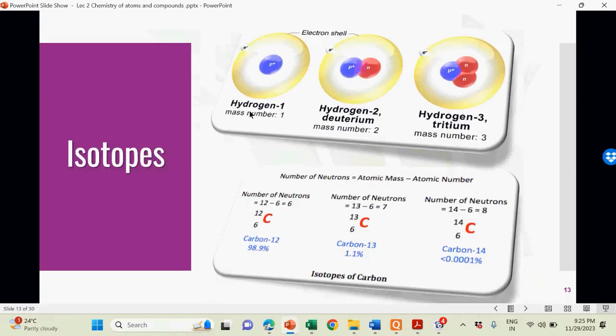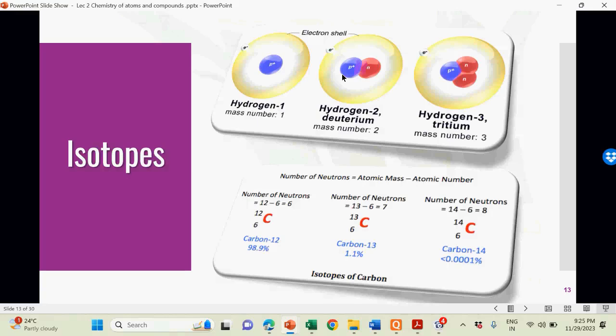These are two examples. We mentioned hydrogen. So normal protium hydrogen has only one proton in the nucleus without a neutron, and one electron in the outer energy shell. Okay? The mass number is equivalent to the number of protons, which is 1, while the second isotope of hydrogen has 2 units in the nucleus, 1 proton plus 1 neutron.